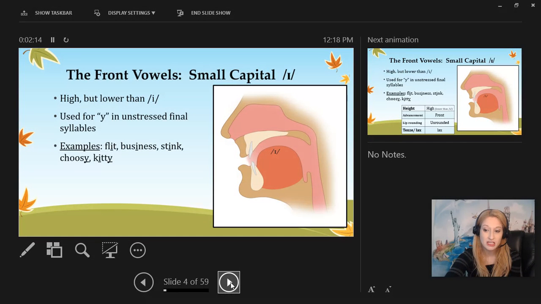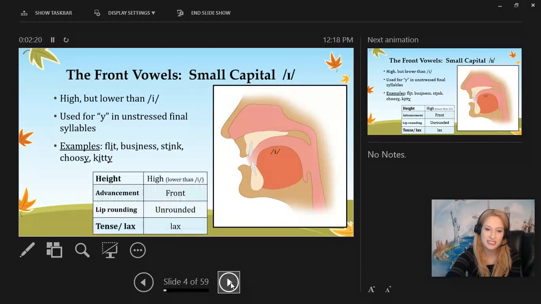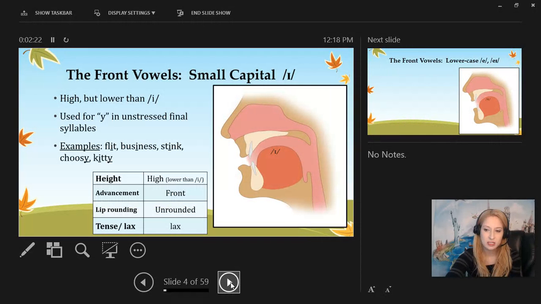So it makes the I sound in flit, and then the E sound at the end of the words choosy and kitty. It's high, but it's lower than the lowercase i. It's a front vowel. The lips are unrounded, and it is lax.